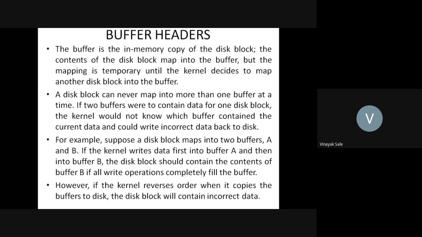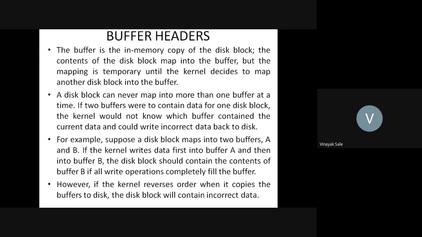The contents of the disk block map into the buffer, but the mapping is temporary until the kernel decides to map another disk block into the buffer. A disk block can never map into more than one buffer at a time.